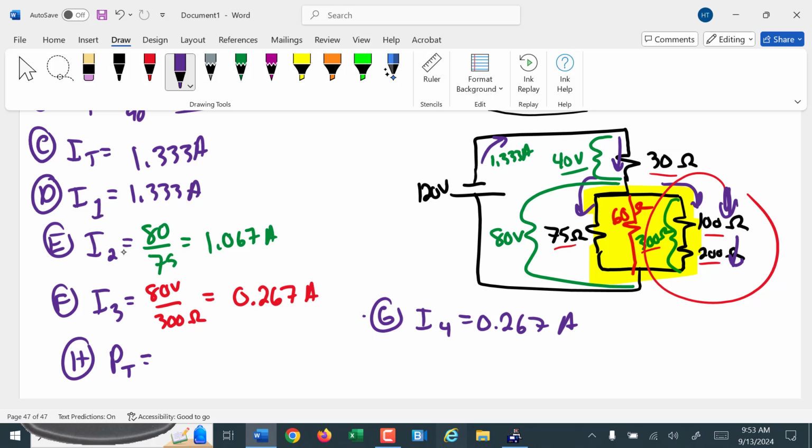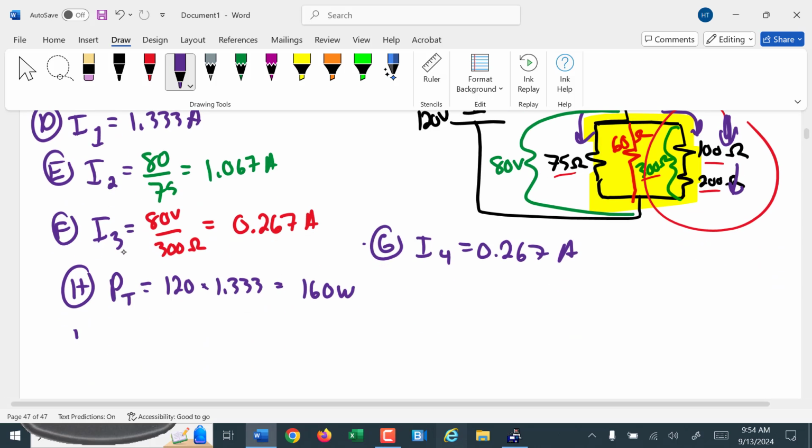For H, total power, we have 120 volts times our total current of 1.333 equals 160 watts, I believe. I, power through resistor 1.